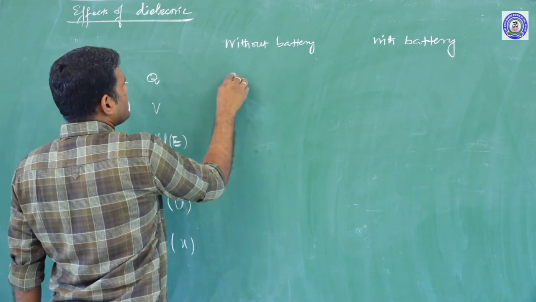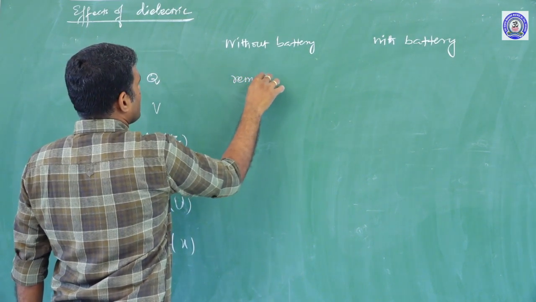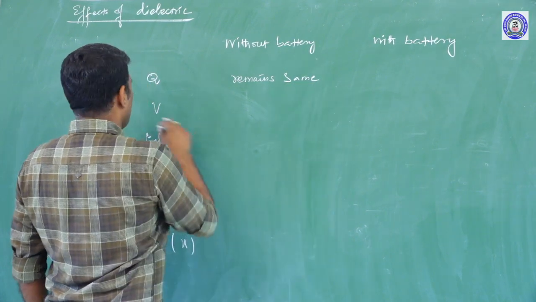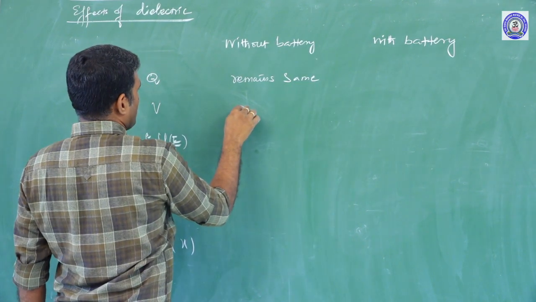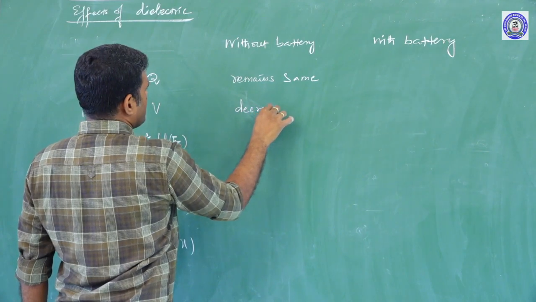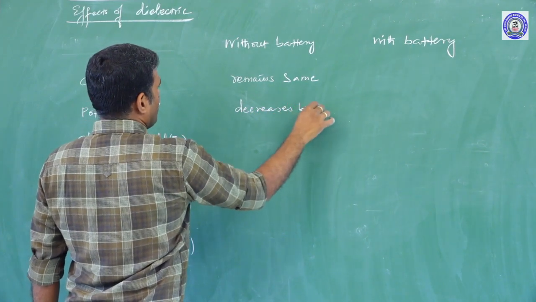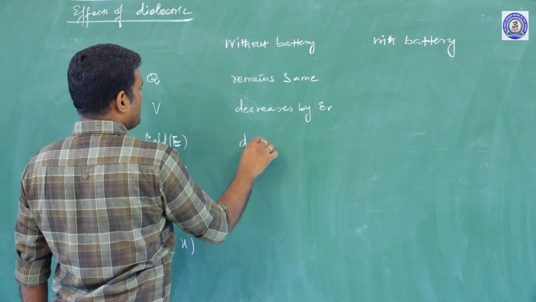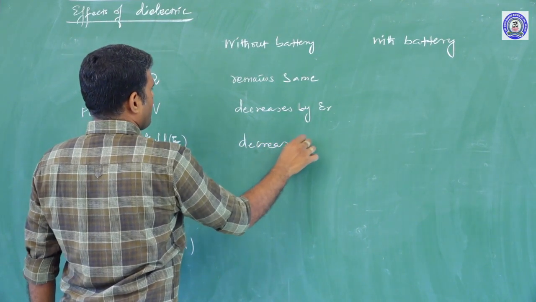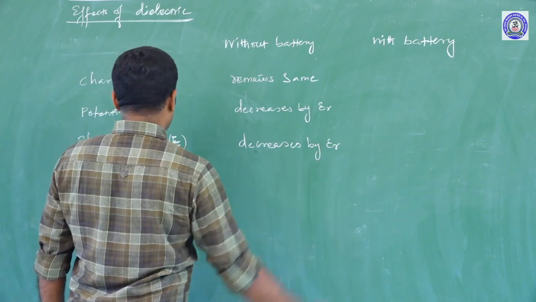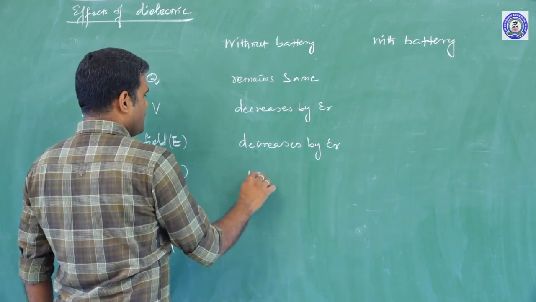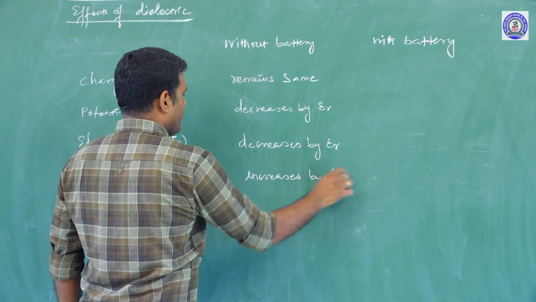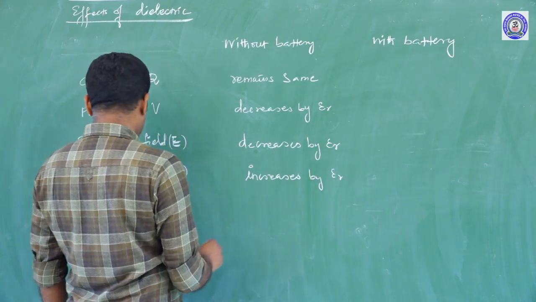Without battery, the charge remains the same, potential decreases by epsilon r times, electric field decreases by epsilon r times, capacitance increases by epsilon r times.